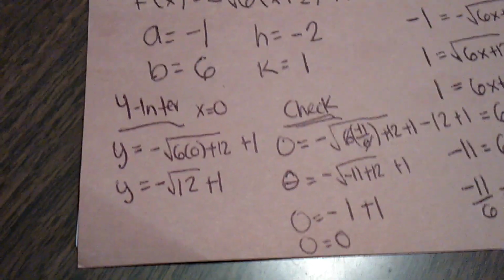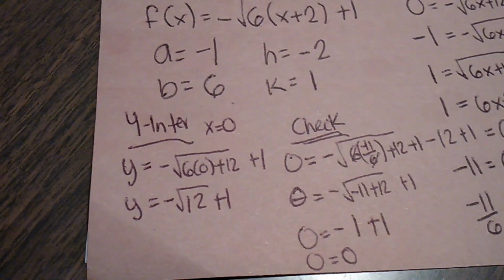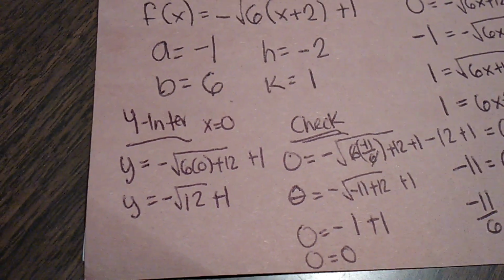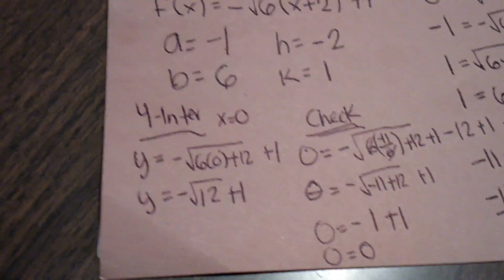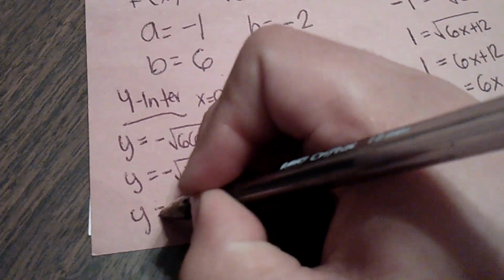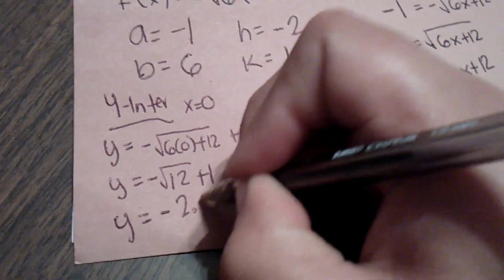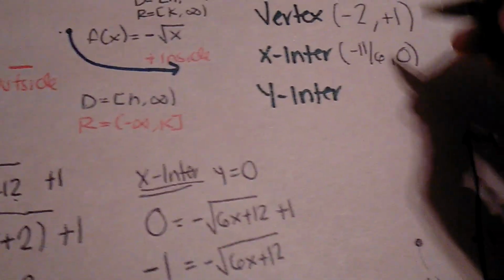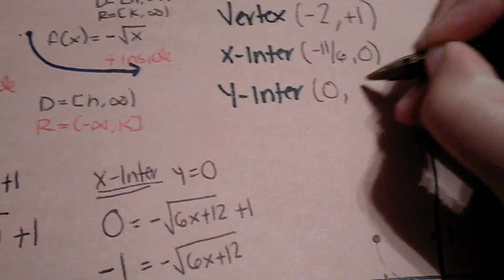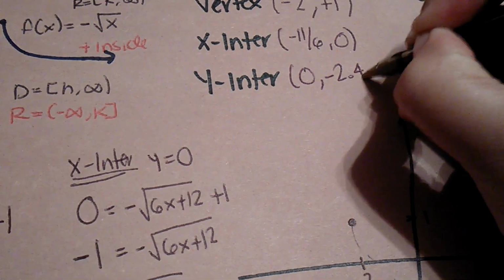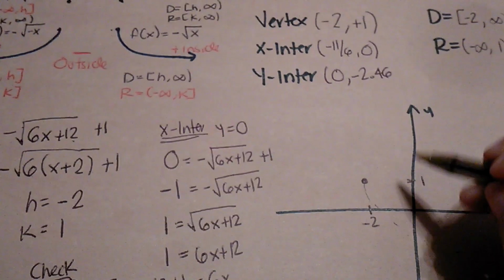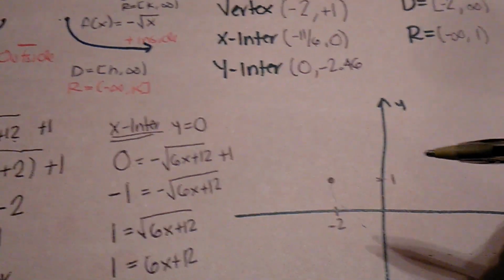And minus radical of 12 plus 1 is y equals minus 2.46. I don't need to check this one. I just need to write it. 0, comma, minus 2.46.